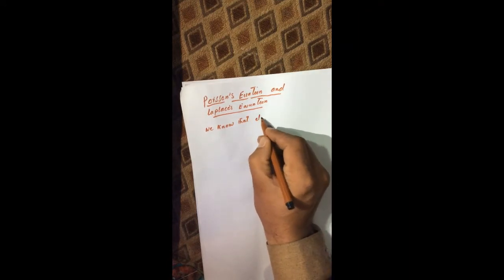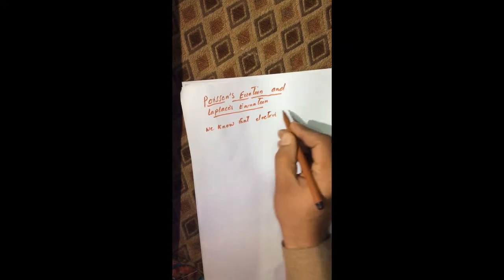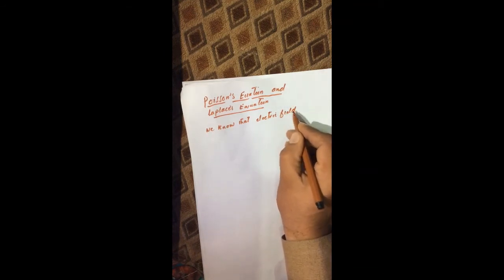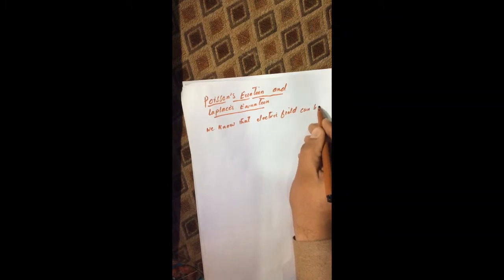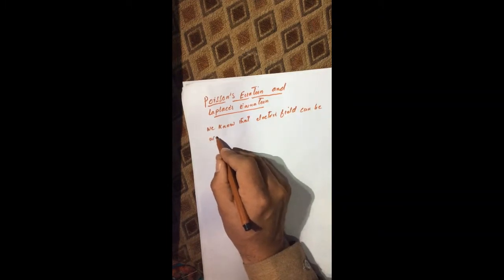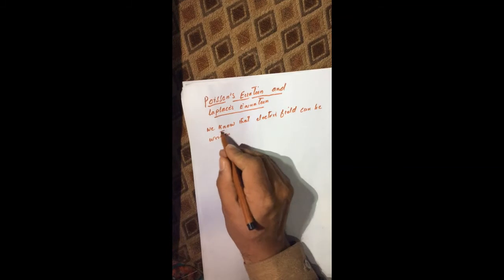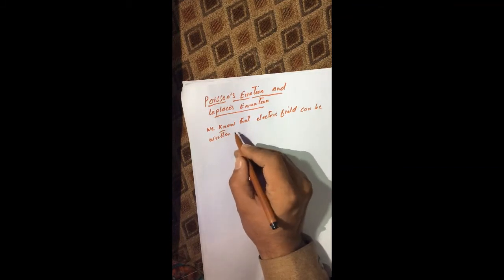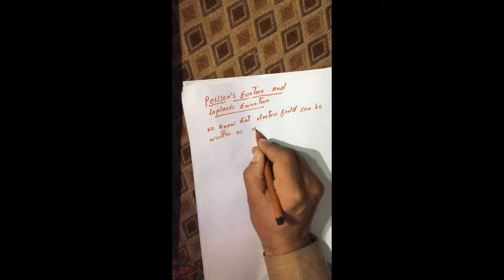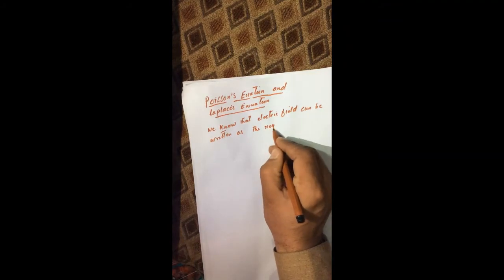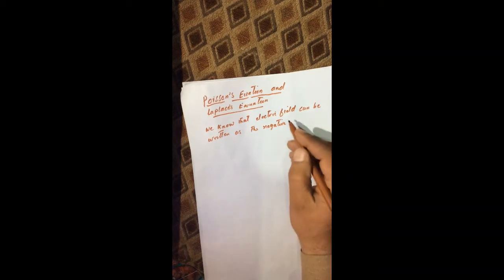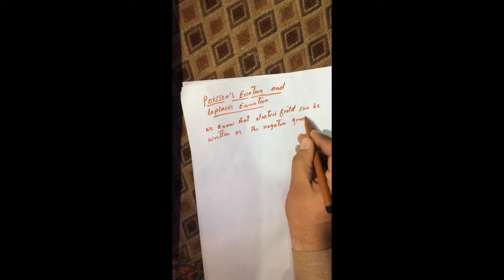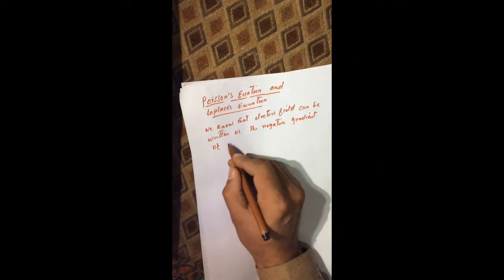electric field can be written as the negative gradient of potential.